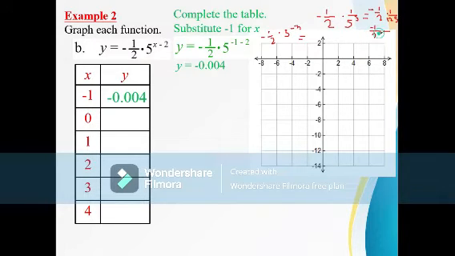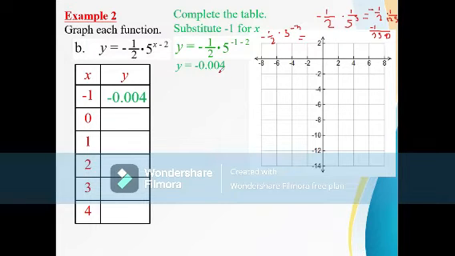So you can check on your calculator what the answer will be. That would be negative 1 divided by 250, which gives you negative 0.004.